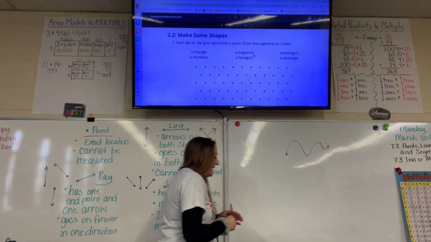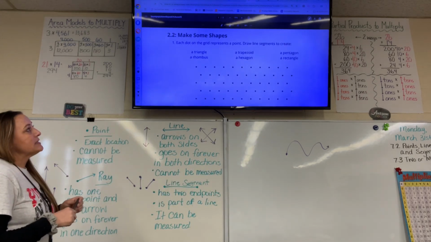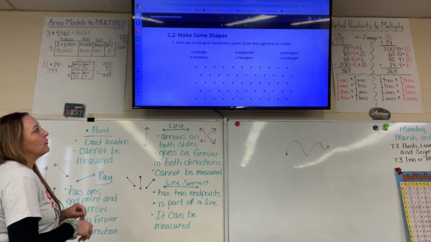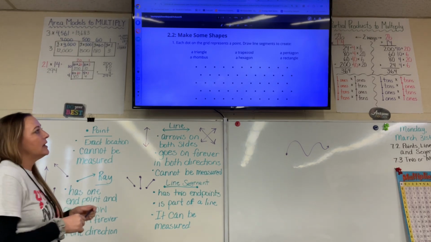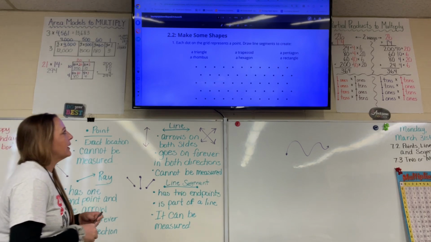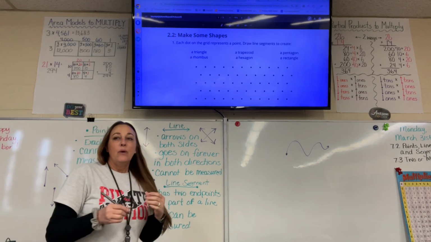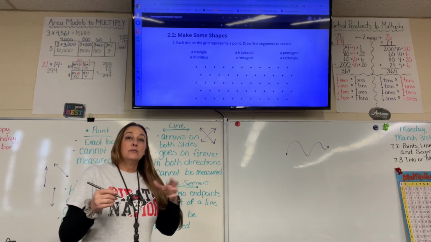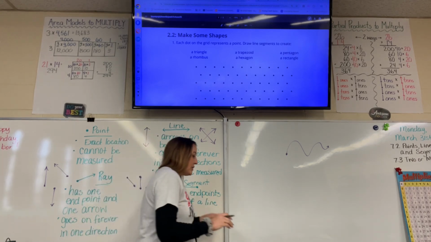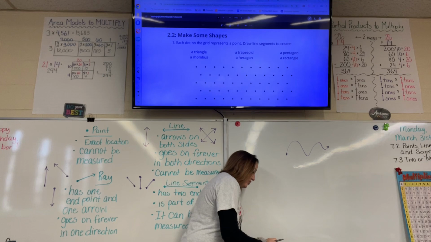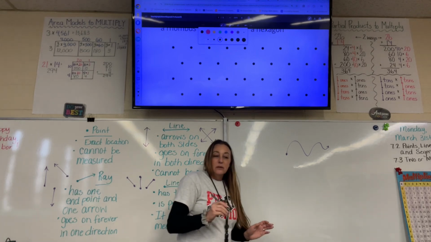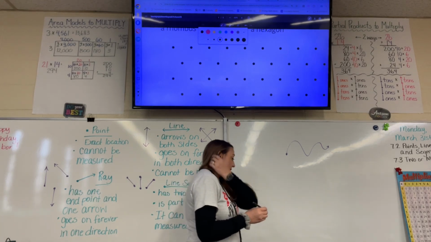Make some shapes. Each dot on the grid represents a point. Draw line segments to create a triangle, a rhombus, a trapezoid, a hexagon, a pentagon, and a rectangle. It's hard for me to use a straight edge while writing on my Chromebook, so I'm going to use it without the straight edge, but you can use your straight edge to make it neater.